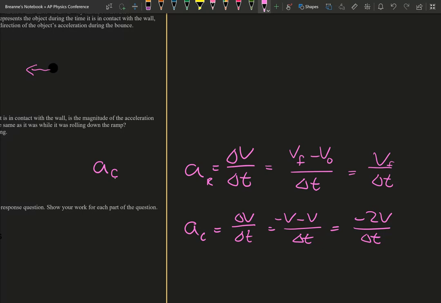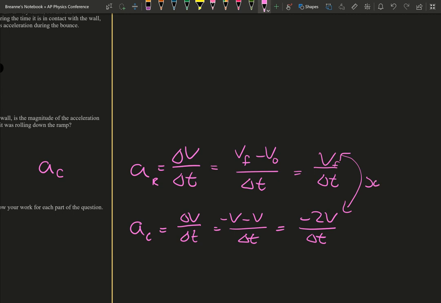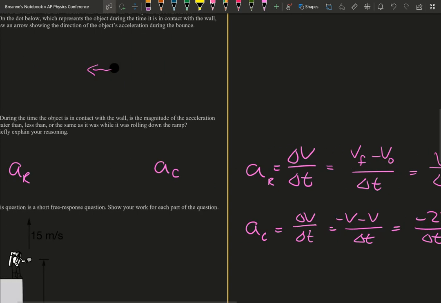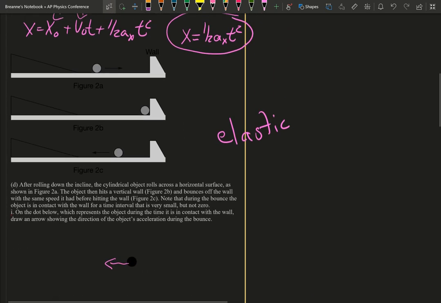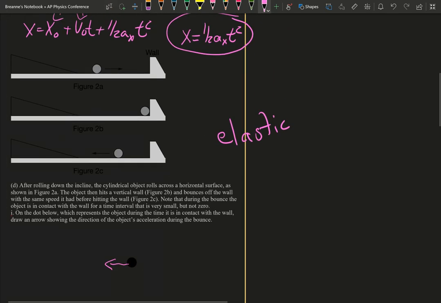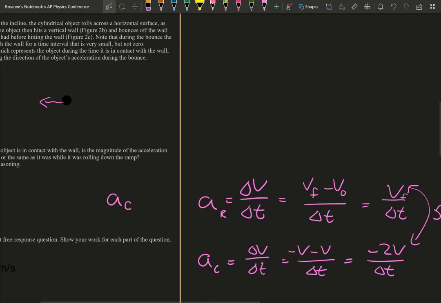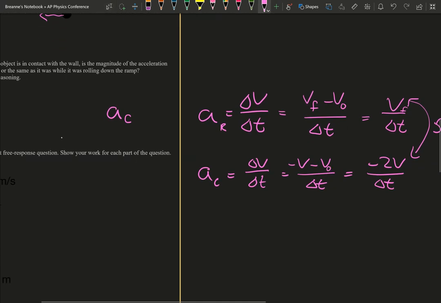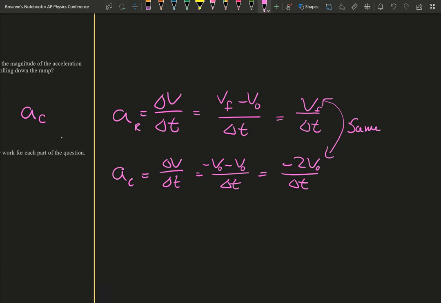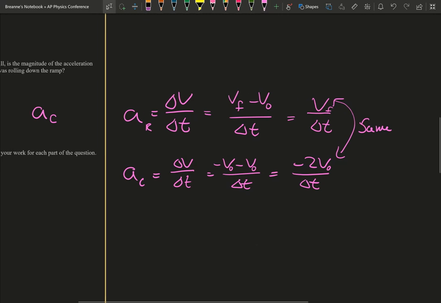And these v's will end up being the same, because it says after it rolls down the ramp, if I can get back to the picture, after it rolls down the ramp, then it hits the wall. So the initial velocity and the final velocity end up being the same, because this is the velocity it's going to hit at, and that was the velocity after it got done off the ramp. So those all end up being the same.